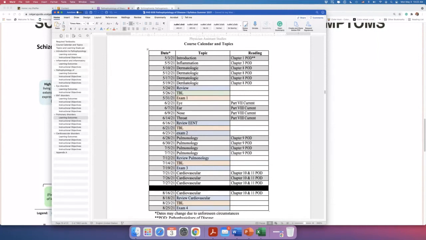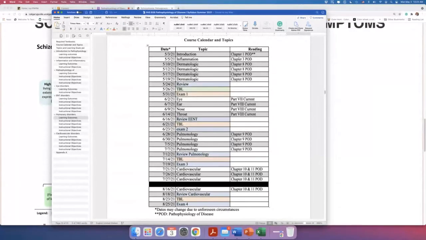That's why I put so many dermatologic system encounters. I don't think we need 4, probably only 3, but I want to give some time so we have flexibility and we are not in a rush. After all the dermatology, we are going to have a review for dermatology, then there is a TBL, and then there is an exam. So it's plenty of time to prepare very well for the first exam.